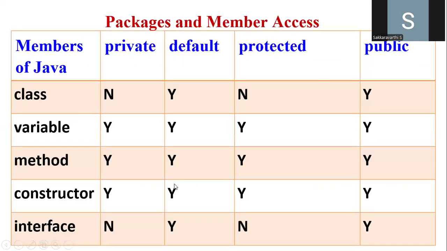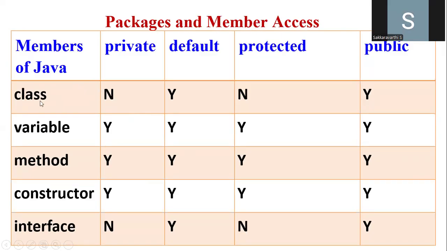Then packages and member access. So from this table, we can infer some knowledge. That is, for a class, private is marked no. That means the private access modifier cannot be applied to a class, so no class will be private.